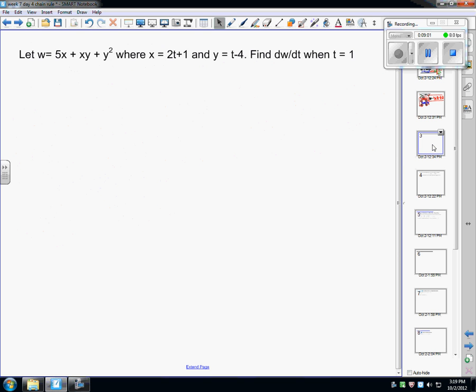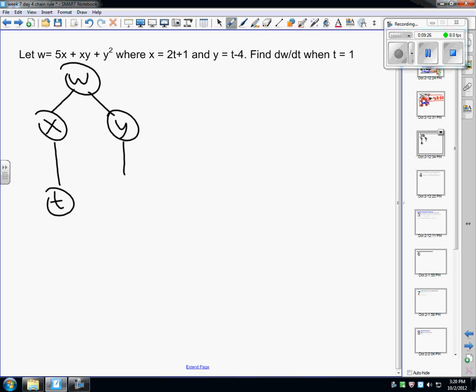So I've let w equal 5x plus xy plus y squared, where x depends on t and y depends on t. Every time I do this, I would highly recommend you show the chain. It will help you. So I know I have the w. He's all about x, but he's also all about y. And x is only about time, and y is only about time.